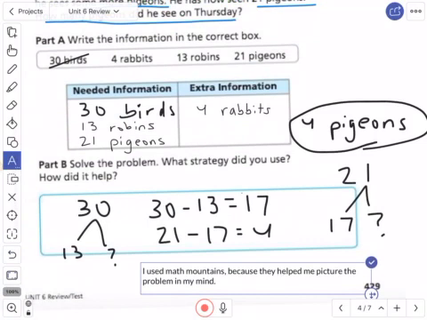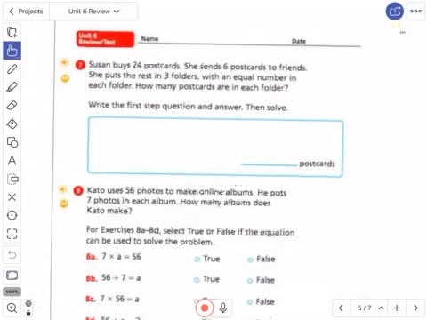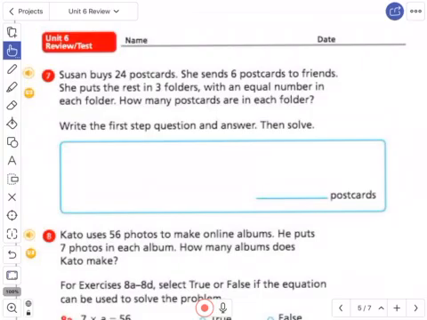Okay, if you need to go back and rewatch this first part, please do that. And like down here, this is going to look way different for everybody. Just have to make sure you get the correct answer and explain what was your strategy and how did it help. And I'm going to read this next part to you, and then I'll have you go solve them.